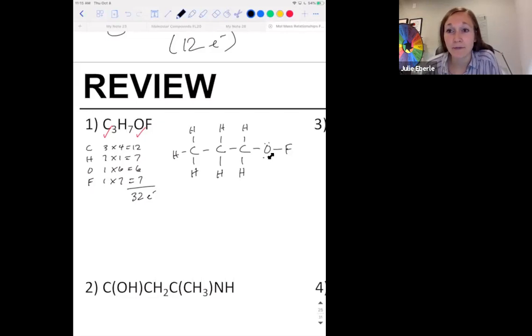Anybody have anything different? Anybody piece it together differently? All these perimeter atoms are pretty much interchangeable. So if you drew your fluorine like over here, you know, that's fine. You can move around the perimeter atoms as long as they just have one bond. You could also have drawn something like this.